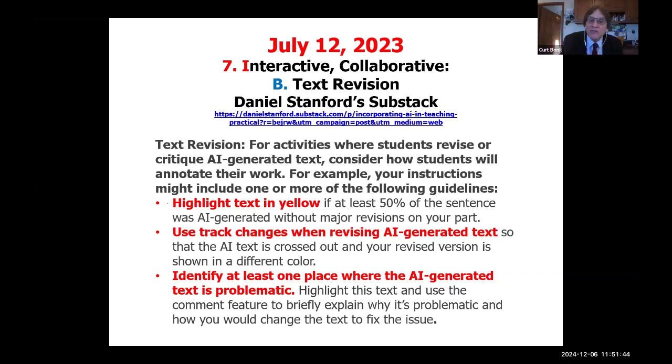Okay? Use track changes when revising an AI-generated text, so that AI text is crossed out and the revised version is shown in a different color. Identify at least one problematic place of AI text and highlight it and explain why it's a problem and how you would fix it.